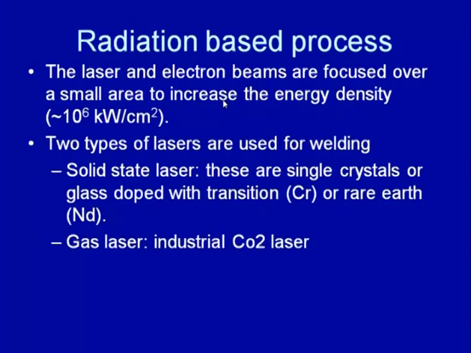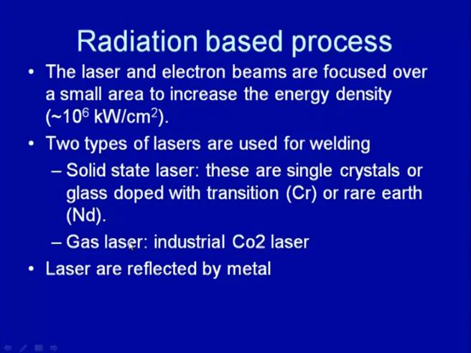There are two types of lasers commonly used for welding: solid state lasers, which use a single crystal or glass tube with transition elements like chromium or rare earth elements like neodymium, and gas lasers like the CO2 laser, which is very commonly used in industrial applications for welding as well as machining purposes.